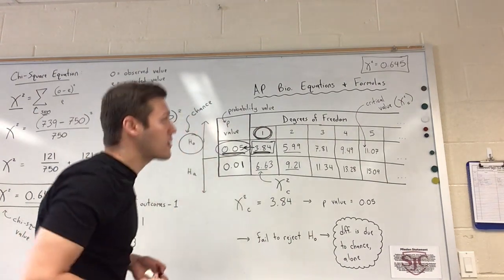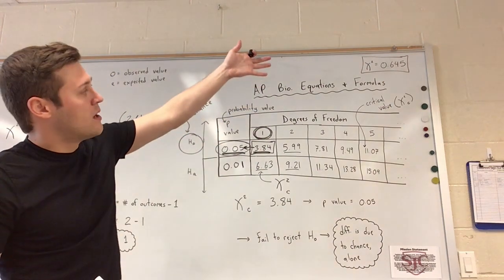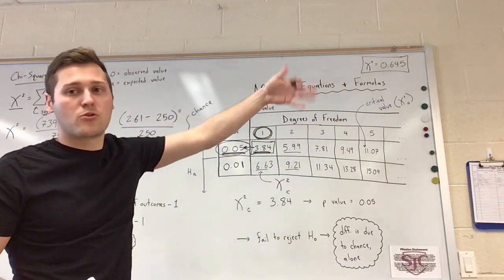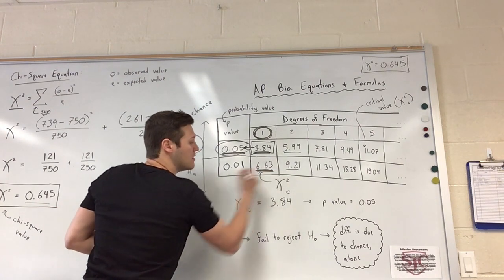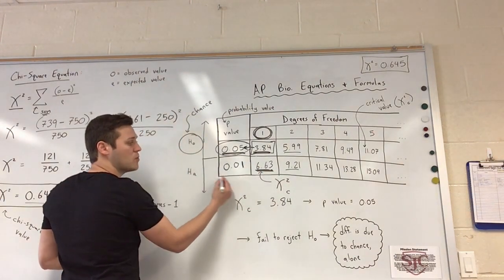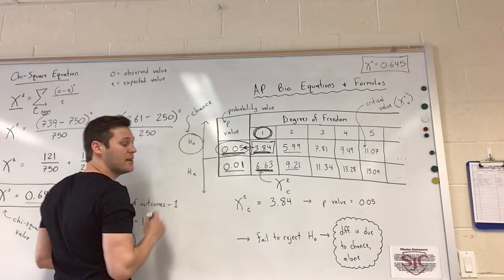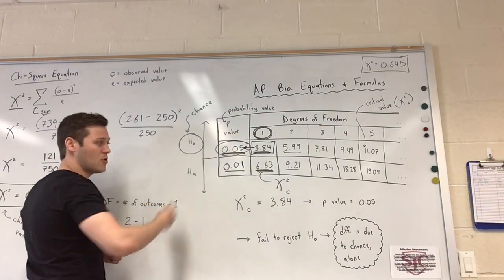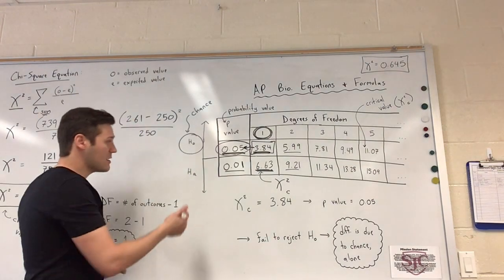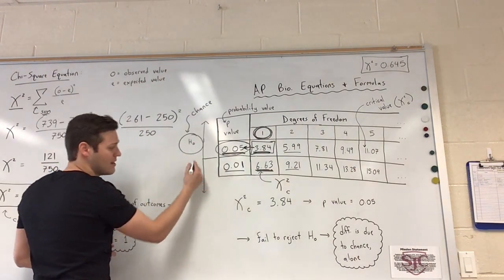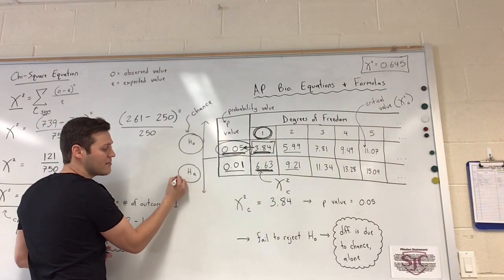If our chi-square value was like 7.33, that's closer to this value, which means that our p-value would have been 0.01, which means that there's only a 1% chance that the difference is due to chance, which means we reject our null hypothesis and we accept our alternative hypothesis.